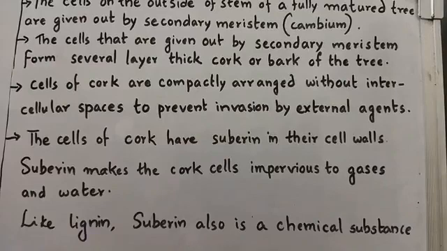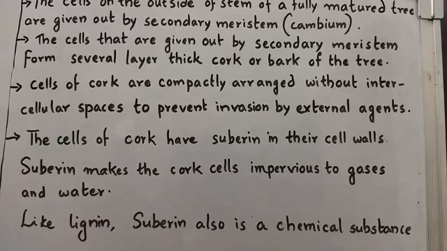The cells of cork have suberin in their cell walls. You have heard of chitin, you have heard of lignin, now you are hearing of suberin. Suberin is impervious to water, like how cuticle is water resistant.